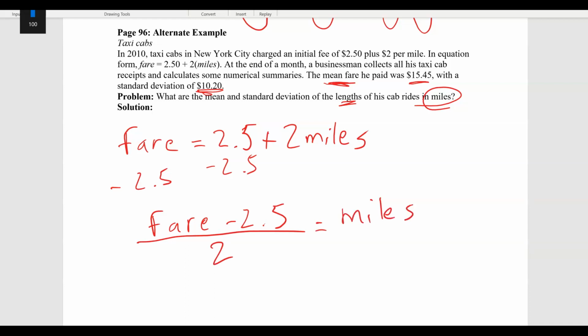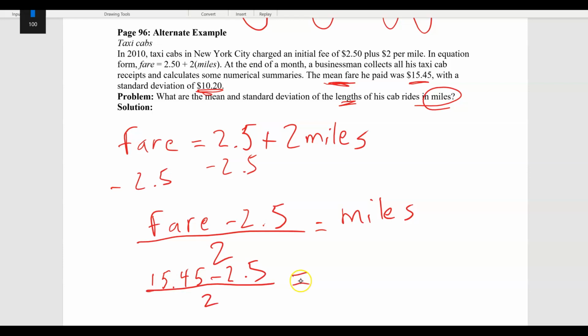So what we want is the mean and the standard deviation, okay? So remember what happens here for the mean, both of these will affect the mean. When I subtract 2.5 and I divide by 2, that will transform the mean. So the mean in miles, I'm going to take the 15.45, which is a fare, I'm going to subtract 2.5 from it, and I'm going to divide that by 2.